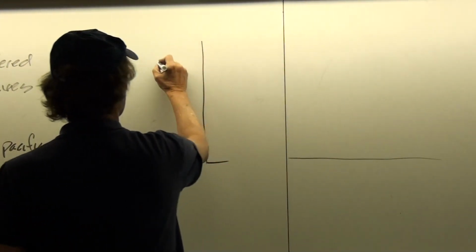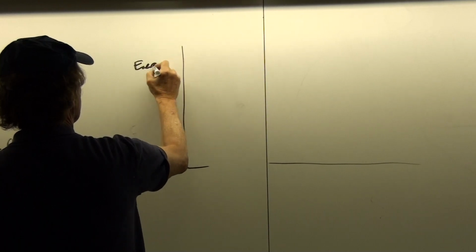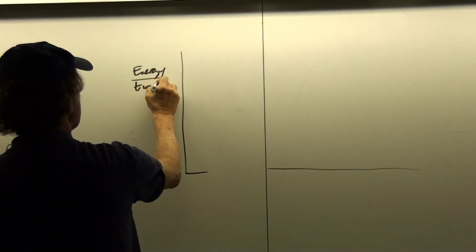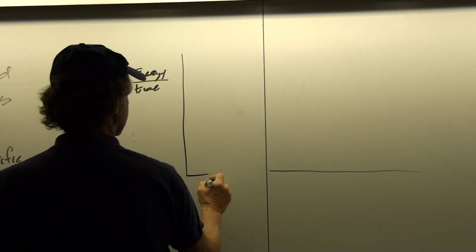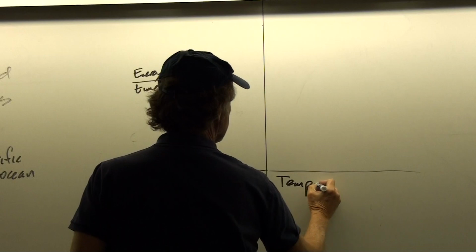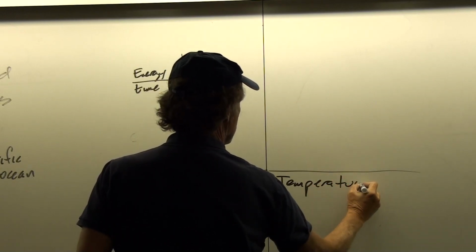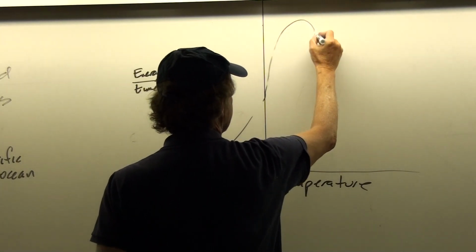This is the amount of energy per unit time, per unit area. Sometimes we call this the intensity, versus the temperature. And it follows what we call a black body radiation curve.